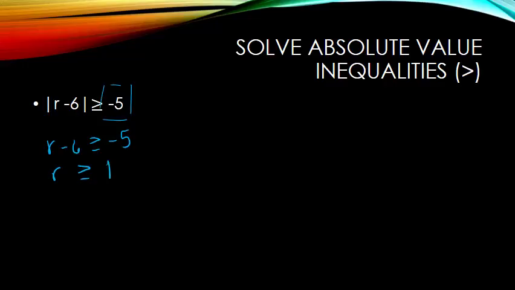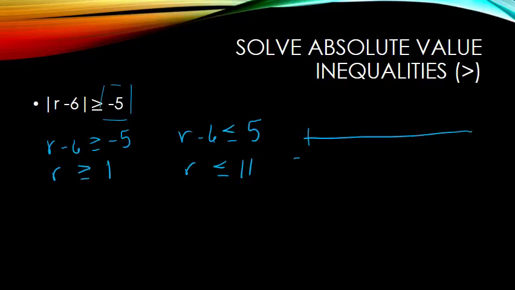Let's set up case 2. So I got r minus 6. Now I'm going to flip the inequality so it's less than or equal to positive 5. We're going to add 6 to both sides, and so r is less than or equal to 11. Now let's put this on a number line.